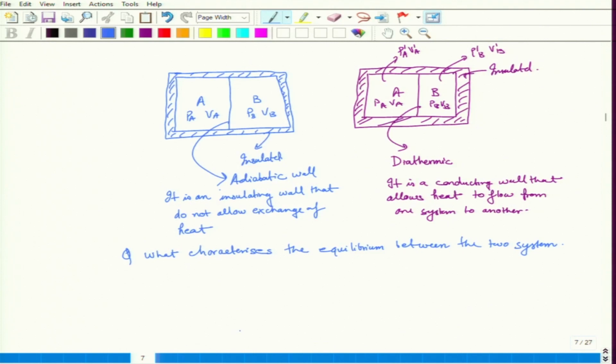You can guess the answer. It should be temperature, that is the important property that is describing the equilibrium.